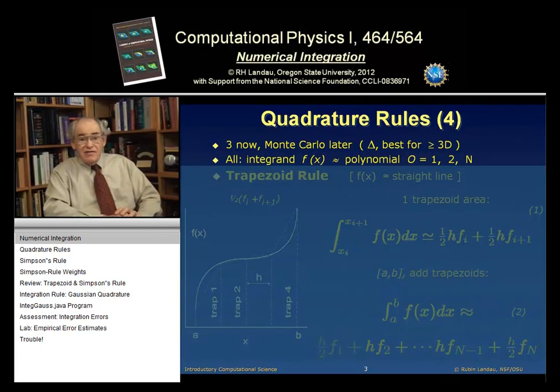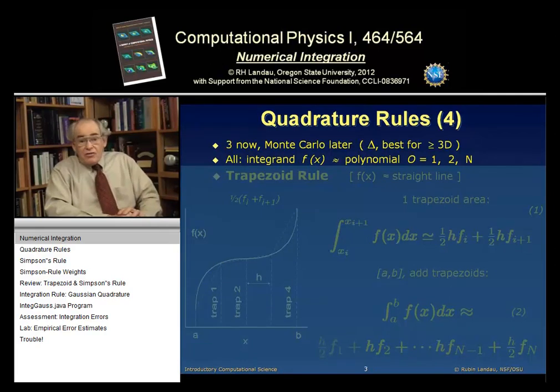So that's a method involving chance, random numbers, and that's different from all the others, but it's actually the best way of doing these multi-dimensional integrals. If you were trying to integrate over, I don't know, 27 electrons in some atom, then you wouldn't want to use our rules, you'd want to use a Monte Carlo integration. If you were trying to do a 1- or 2-dimensional integration, then you'd use the rules we talk about today. So for big problems, Monte Carlo is best, but we'll see about that.